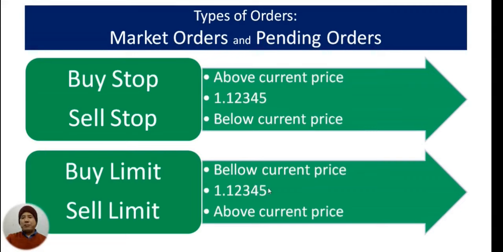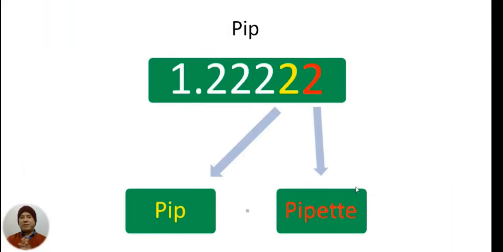And then we have the pip. In currency, it is called the value. The moment you see the price ticking up and down, the value is calculated in pips. After the decimal, we have 1, 2, 3, 4, 5 digits.